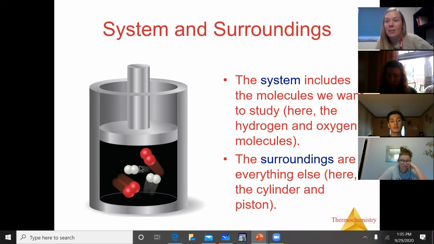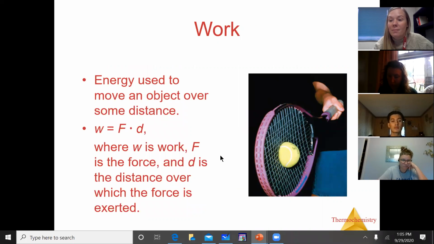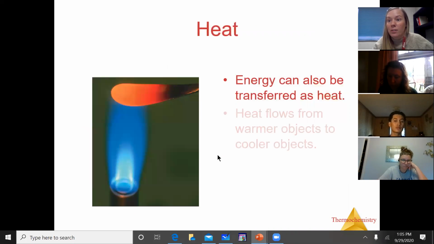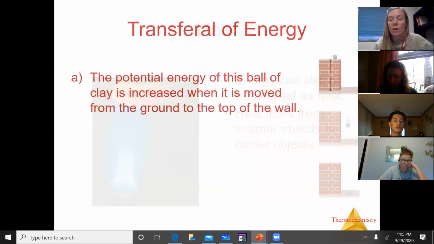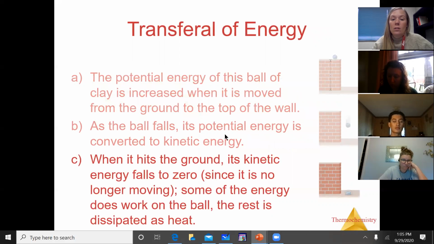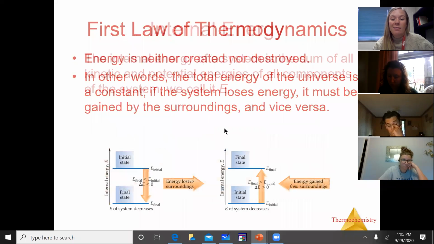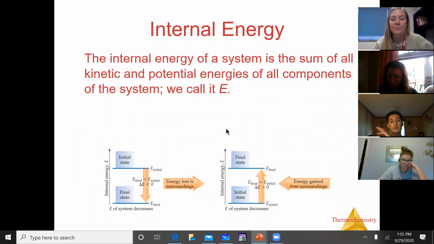It's going to be the potential energy of the protons next to each other and the kinetic energy of the electrons. It's a very, very complicated number. This internal energy is more theoretical than it is something we can actually calculate. So it's like we know what our internal energy is, but we can't really necessarily calculate it.